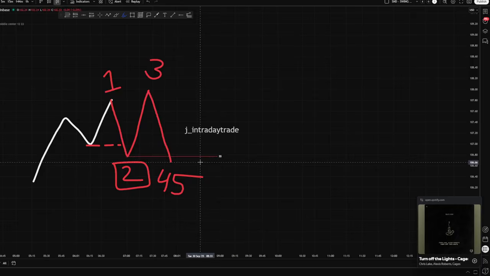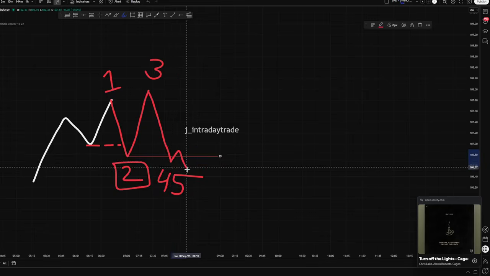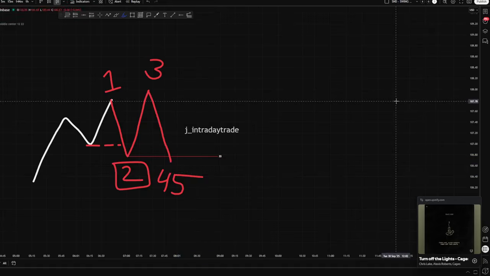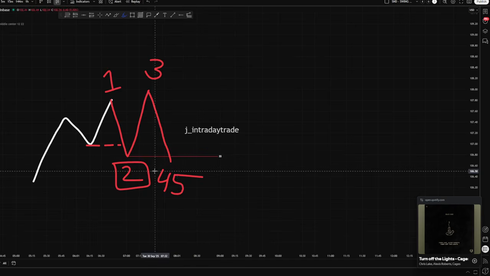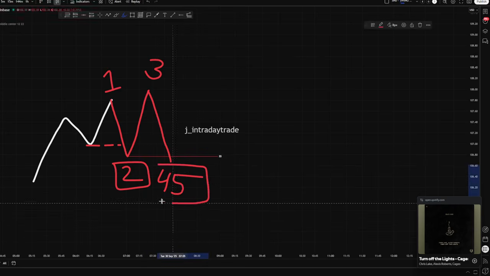All right. Price goes here. Just because price does this doesn't mean you're taking an entry because that's the 5. You don't do that, right? The 4 and 5 right here is created when we sweep the sequence immediately.